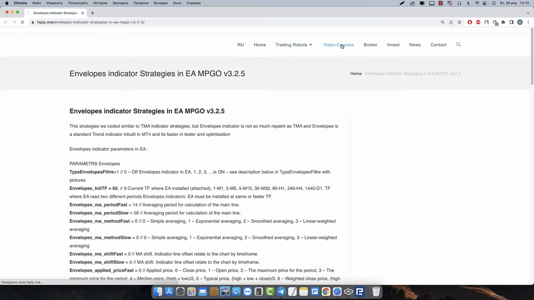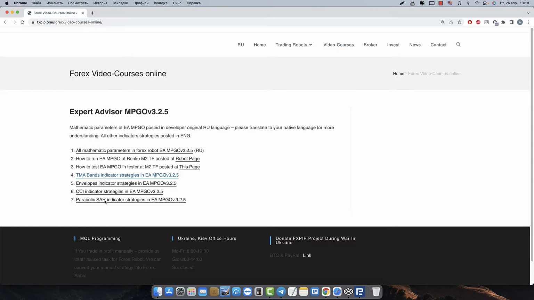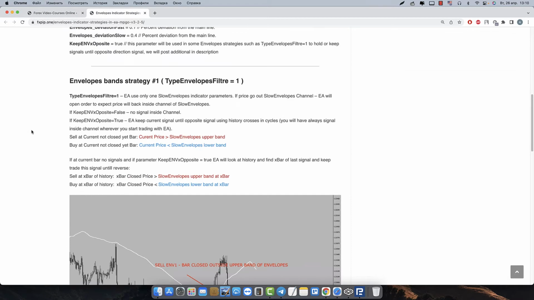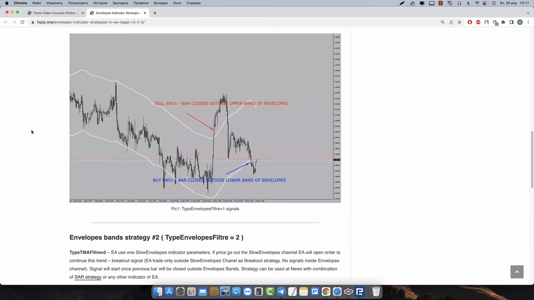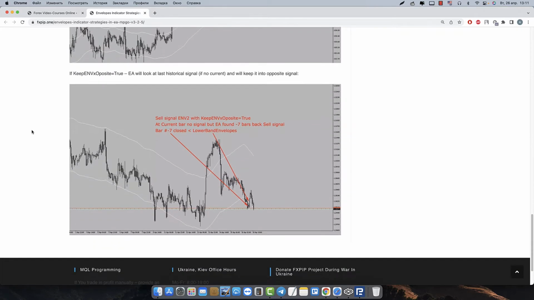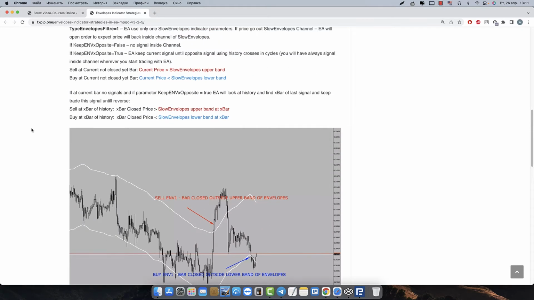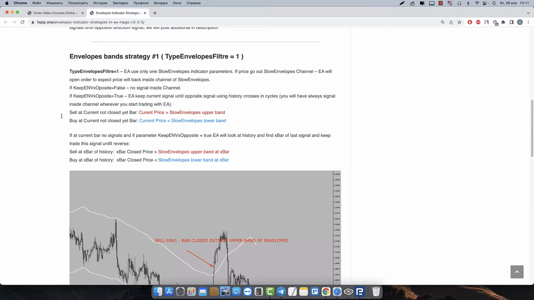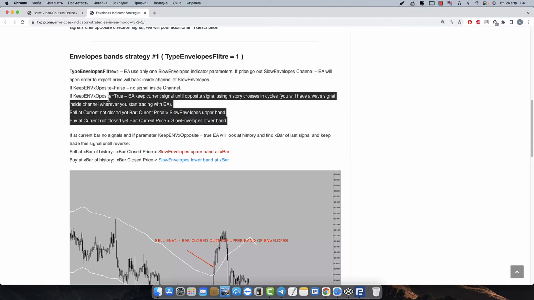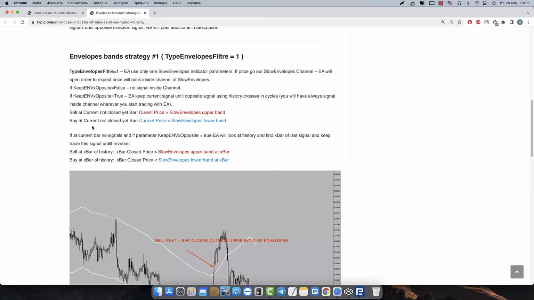You can find the video courses, and for example you would like to study envelope indicator signals. We already started recording them for envelope, because envelope is not so refined. Now we will take a look at type envelope filter number 1 with keep envelope opposite set to false, and you will understand that the robot will use the current price.